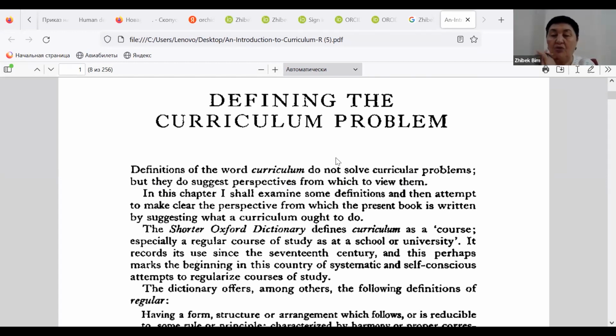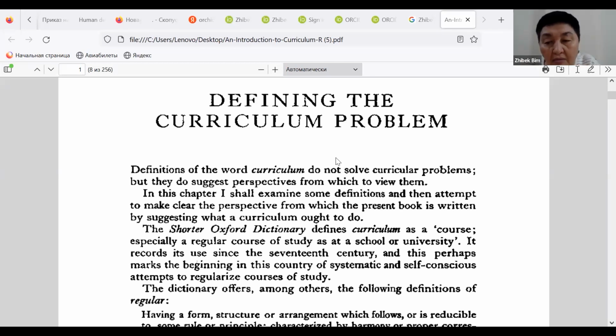Nagima, could you start? Just shortly, what have you prepared? The main idea of my abstract, definitions of the word curriculum. Yes, abstract. Definition of the word curriculum does not solve curricular problems.